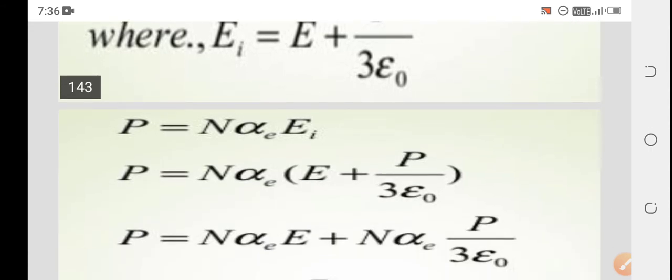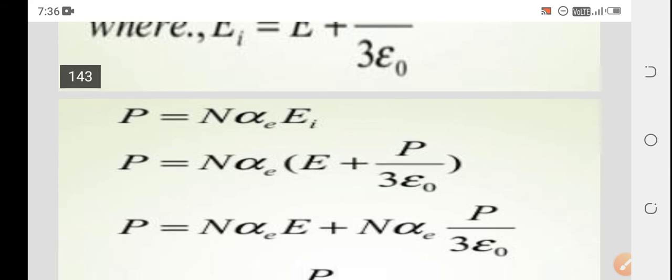Therefore P equals n alpha E Ei. So replace the value of Ei, that is E plus P by 3 epsilon naught.